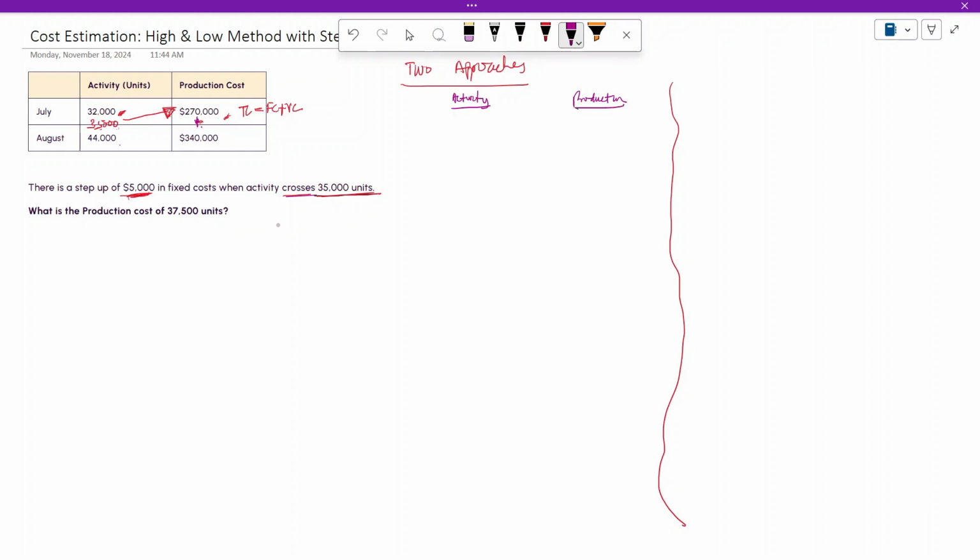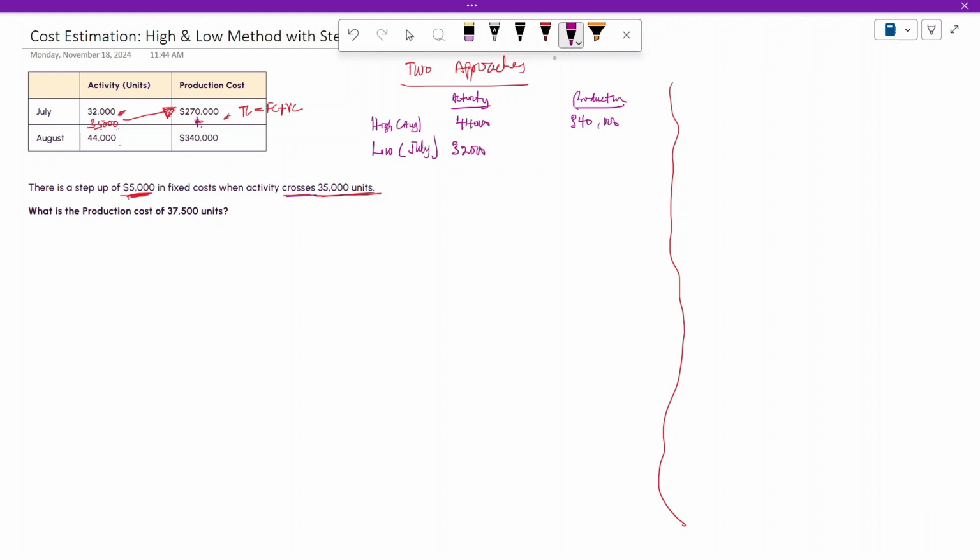At the highest level, the highest is August. The activity level is 44,000 and the cost associated is $340,000. Now at the lowest level, which is the month of July, the activity is 32,000.